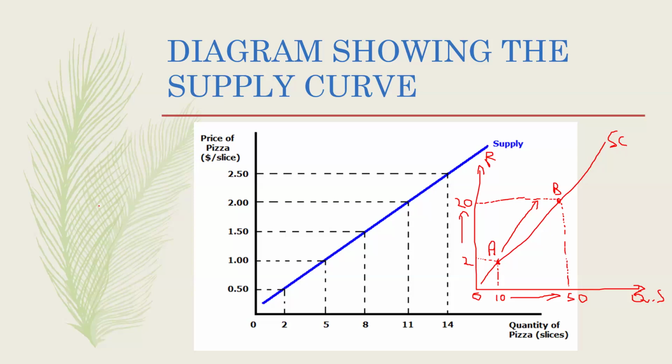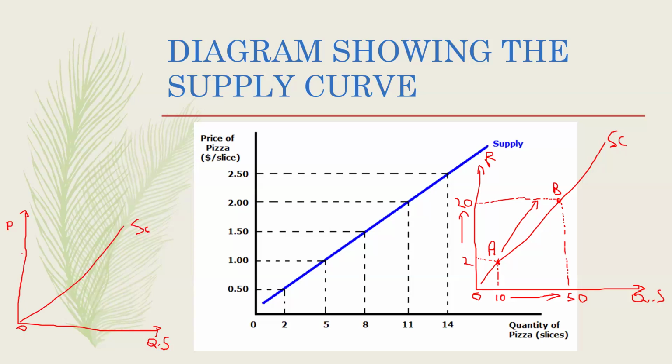On the flip side, if prices were to go down, I'm going to draw the diagram across here, trying to do it as neat as possible. Quantity supplied, this is my origin, and this is my price. We know the supply curve is an upward sloping curve.